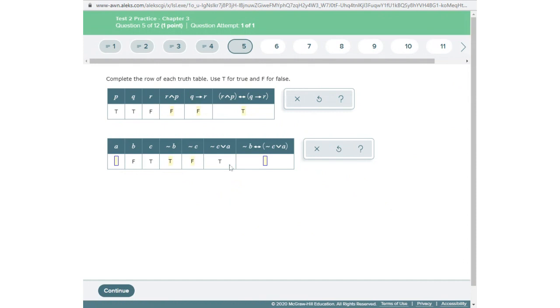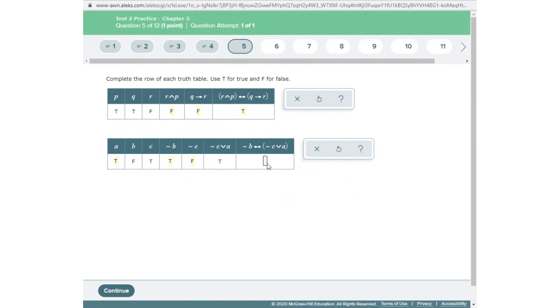And they're telling us that not C or A is true. Since not C is already false, then A has to be true, because that's the only way we can get that whole statement to be true, is if one of them is true. And we already had one false, so that one had to be true.